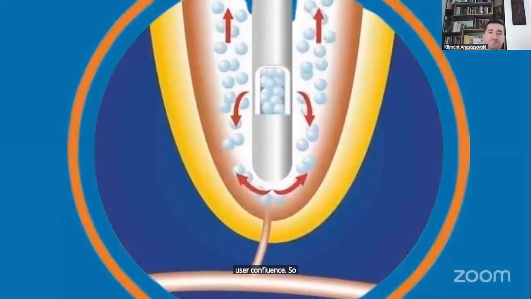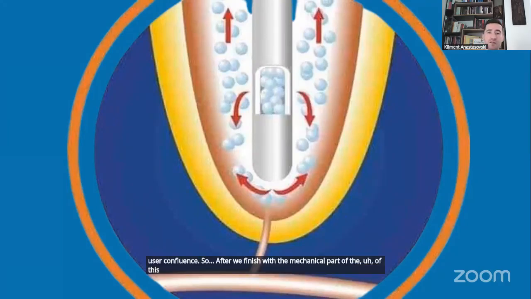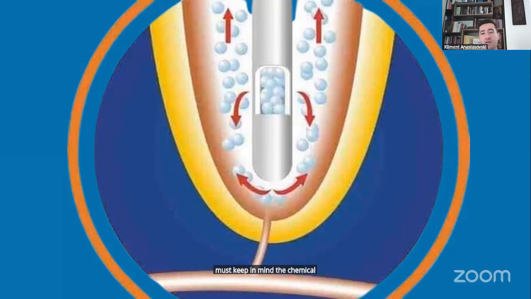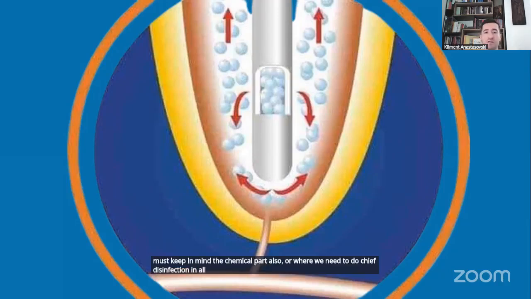So after we finish with the mechanical part of the root canal treatment, we must keep in mind the chemical part also, where we need to achieve disinfection in all thirds of the root canals.